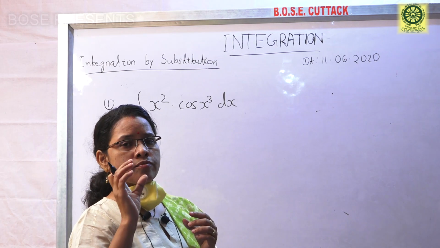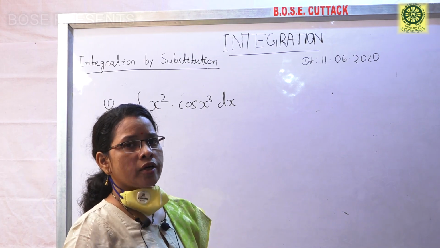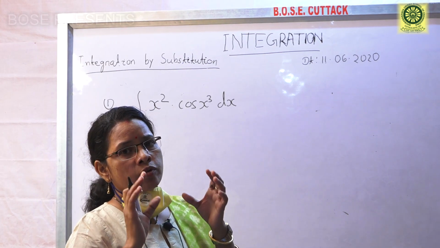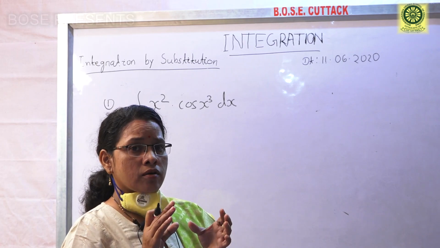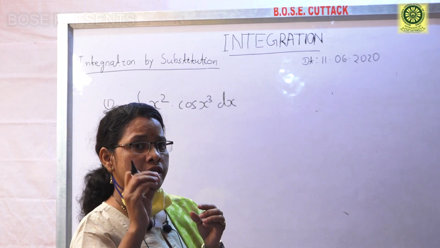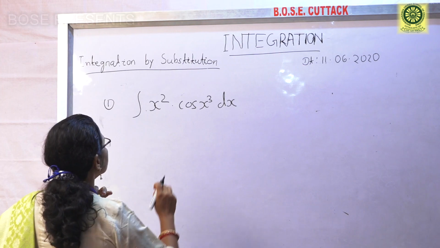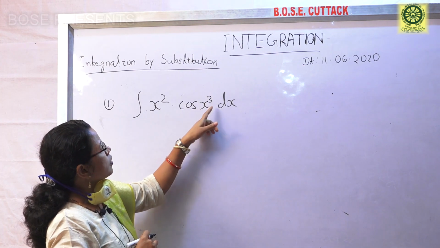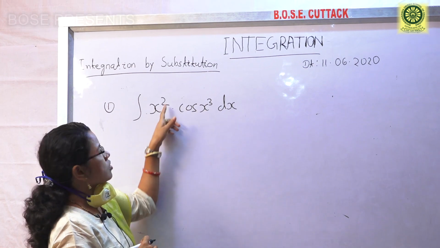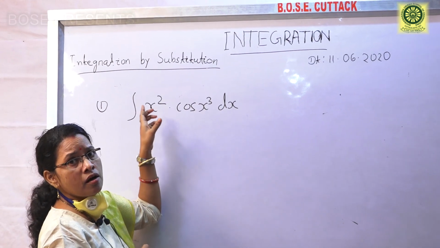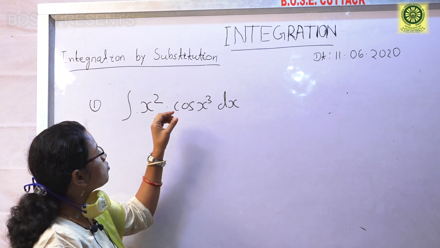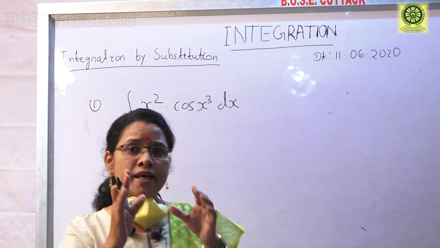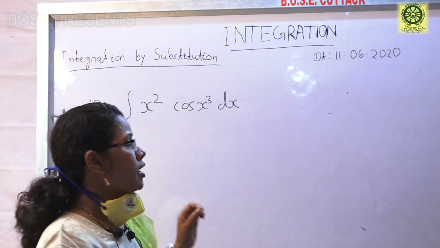By your keen observation on the form of the integrand, you are able to choose the function for which you have to substitute t. Okay. So here you can point out that the derivative of x³ is 3x², that is in the integrand. You have to point out the function whose derivative is in the integrand.